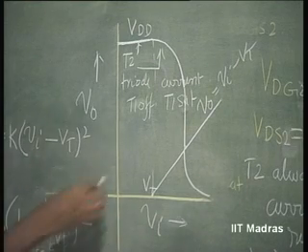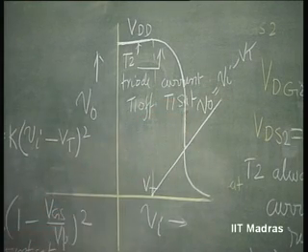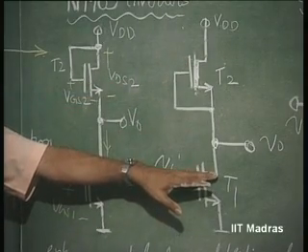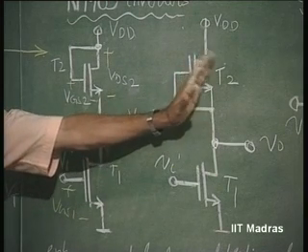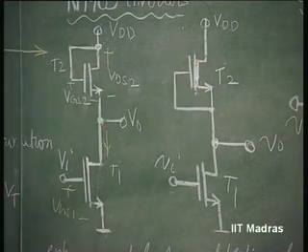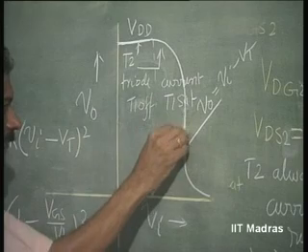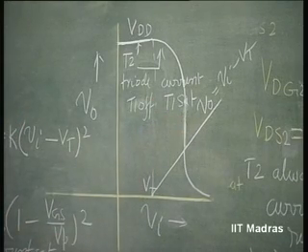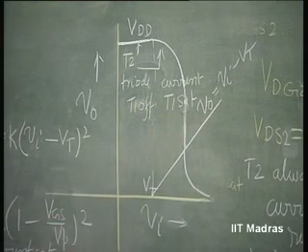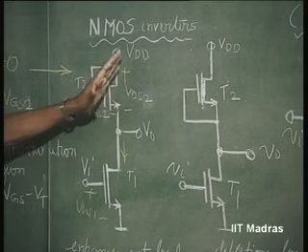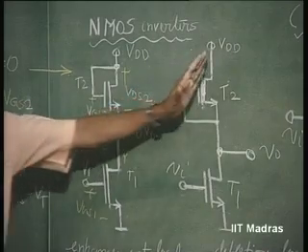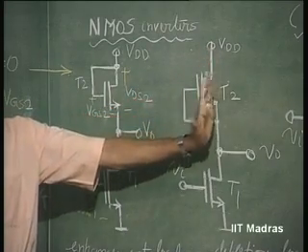So, this is the advantage of this scheme, when both this and this are in the triode region, we have this acting as a high gain amplifier. So, the slope is going to be infinity, and the transition is going to take place like this here. Unlike this situation where the slope depends upon the K1 by K2 ratio, here we have the slope becoming equal to infinity.